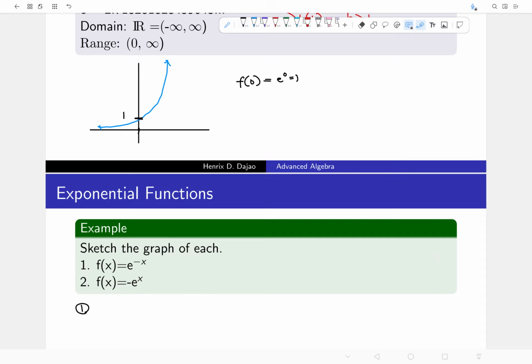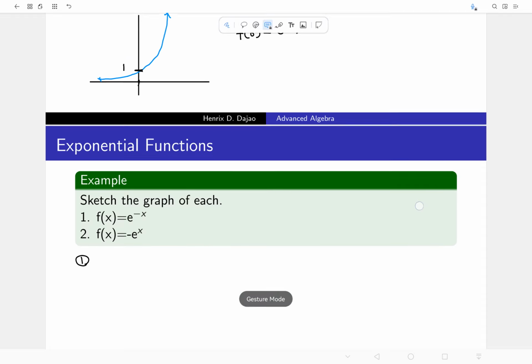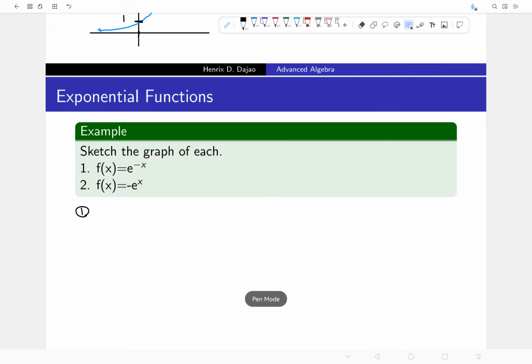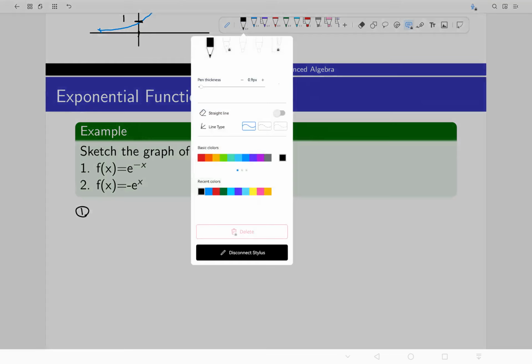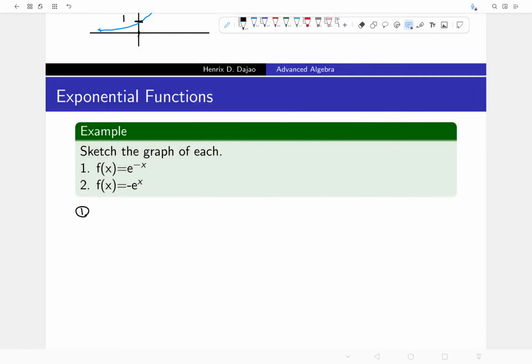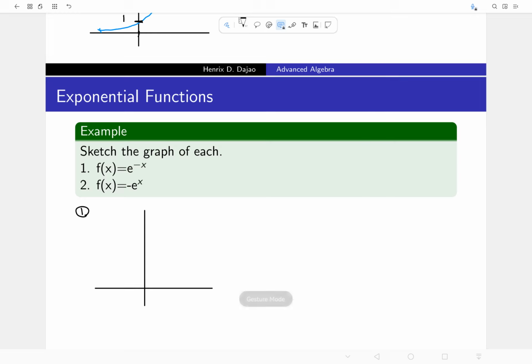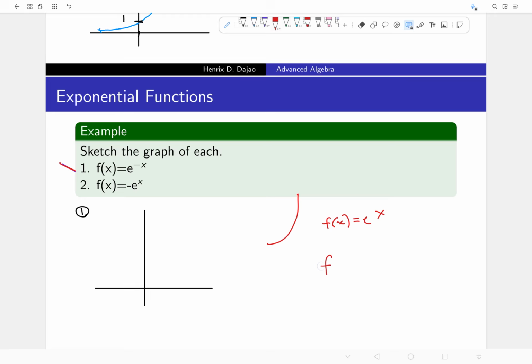So the graph of f defined by this is, if this is the graph of f defined by f of x equals e raised to x, now the graph of f of x equals e raised to negative x is just a reflection with respect to the y-axis, so it looks like this.